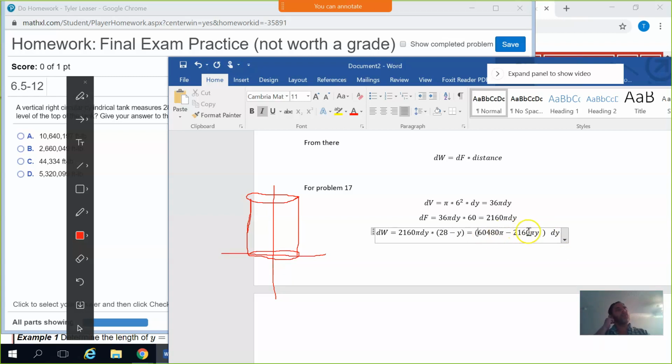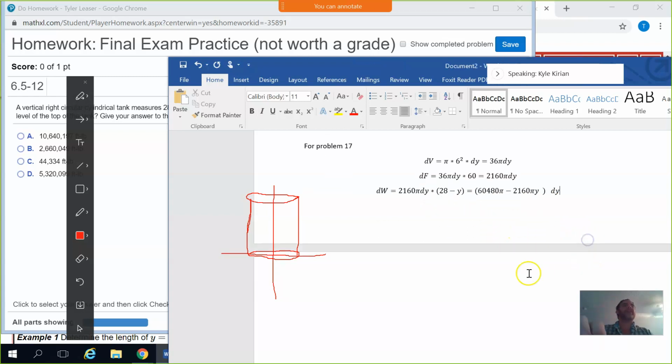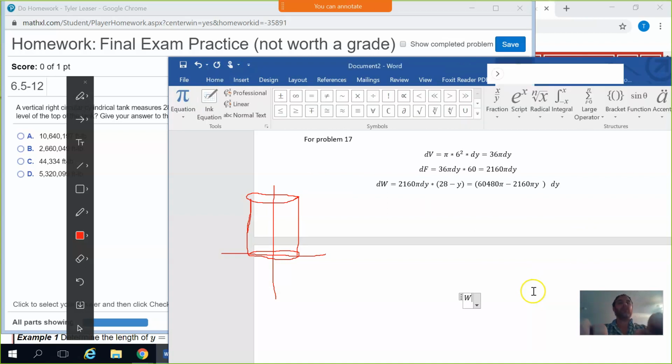This is the work to remove just one slice. To find the total work, I would integrate over every possible slice, where my slices go from 0 to the top of the tank at 28, and we're just integrating over this thing.